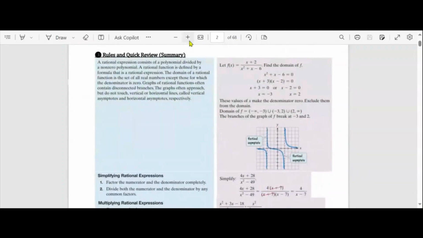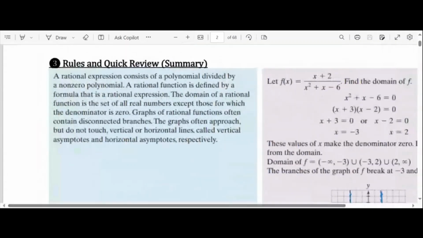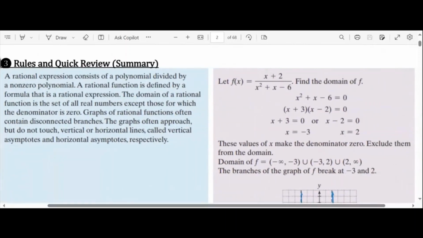Let's take a look at the review rules and the quick review, or the summary, for that section. A rational expression consists of a polynomial divided by a non-zero polynomial. A rational function is defined by a formula that is a rational expression.